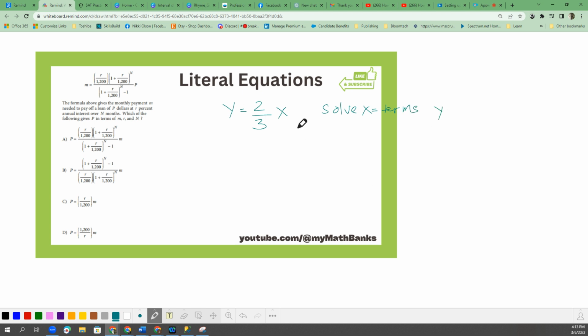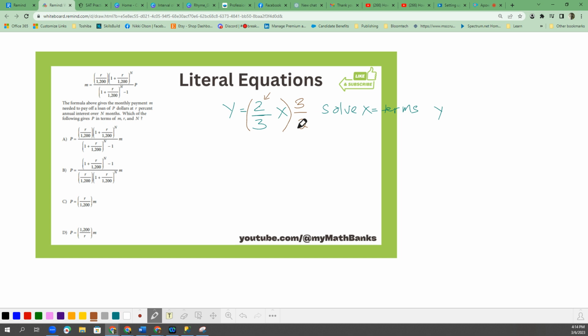So this is y equals a fraction times x. Remember, to make this one x, you really just have to multiply this expression by the reciprocal of this fraction, right? If you multiply that by 3/2, that will cancel out, because it becomes 6 over 6x.